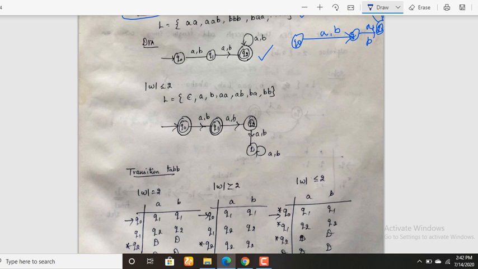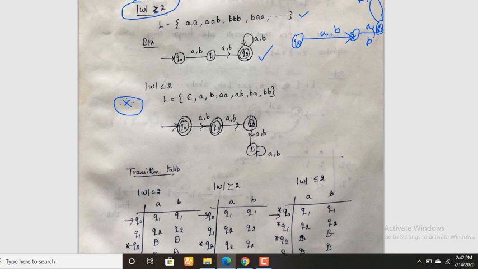Next, length of string less than or equal to 2. Here is an important one, because in this problem statement, epsilon is added to your language. The string which is less than or equal to 2 means 0 is also added. What is the length of the epsilon?